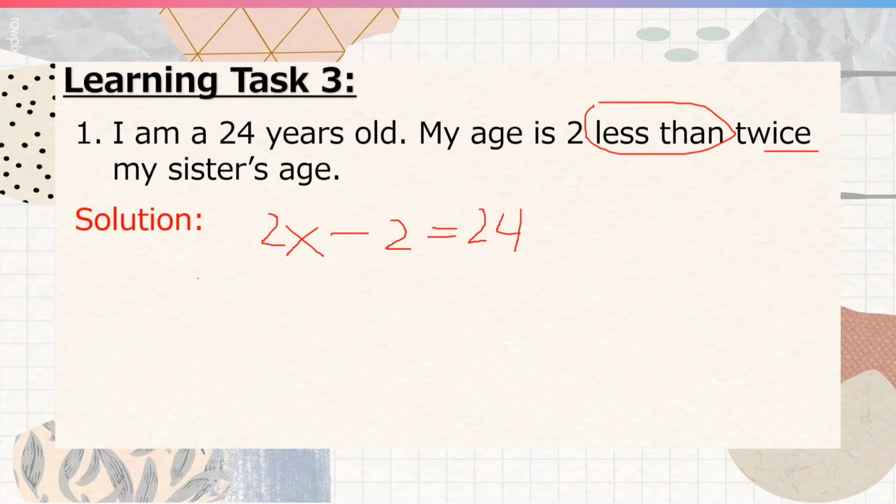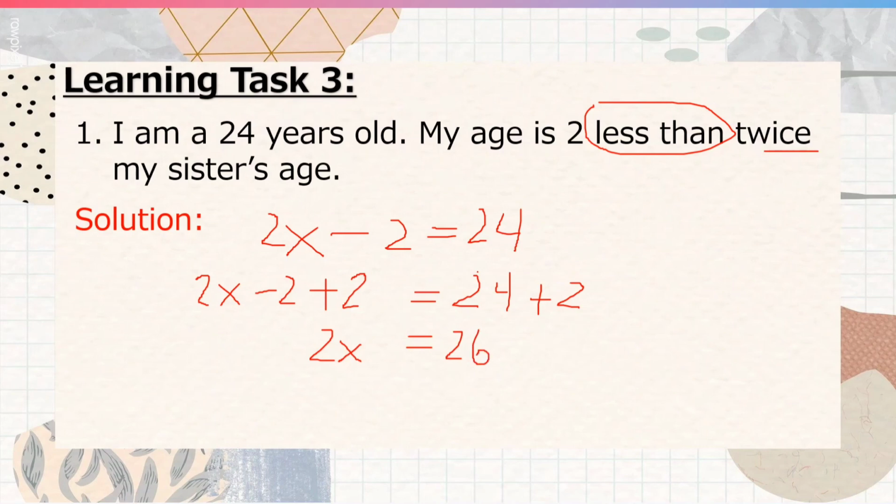So we have here 2x minus 2 plus 2 is equal to 24 plus 2. 2 plus 2 is equal to 0. So what remains there is 2x. Okay, and then 24 plus 2, we have 26.